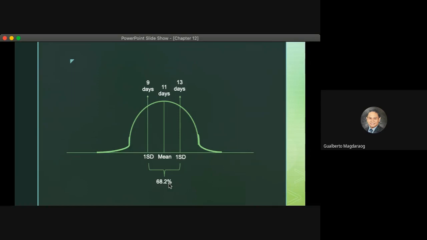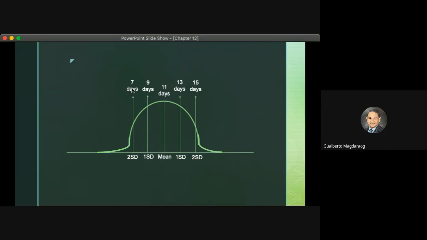Now, if we wanted to know the probability of finishing it in the earliest time or the longest time, we may add an additional standard deviation of another 2 days, and that is 7 to 15 days. We get 7 since one standard deviation is equivalent to 2 days as computed earlier. 2 standard deviations is equivalent to 4 days.